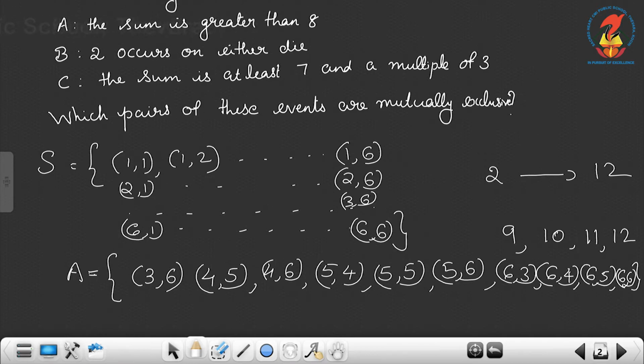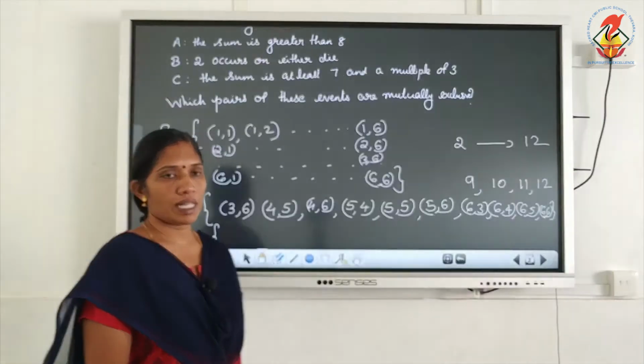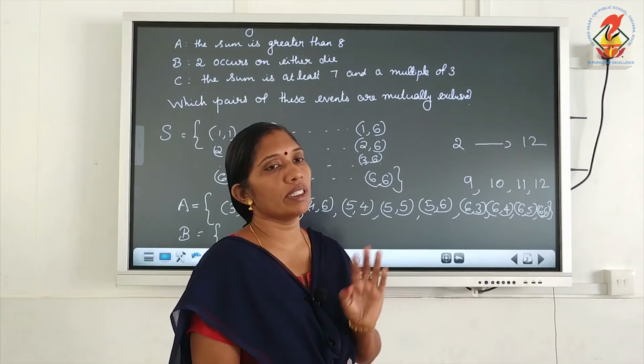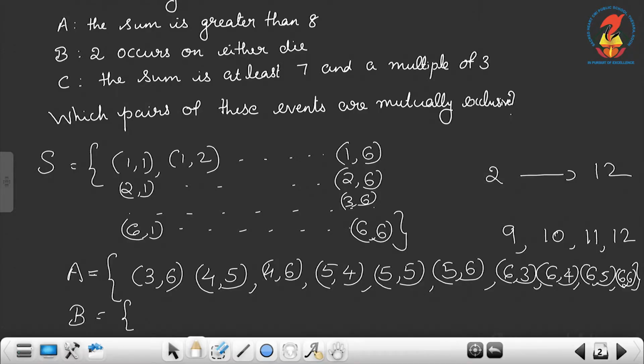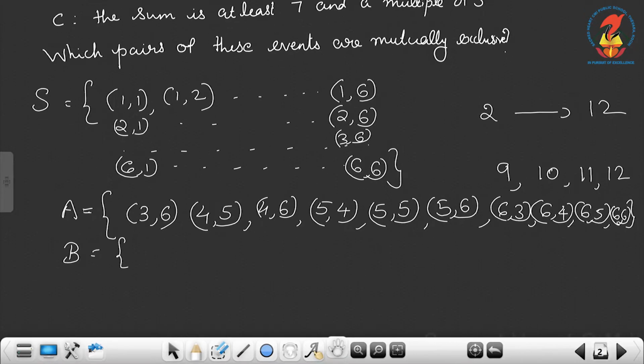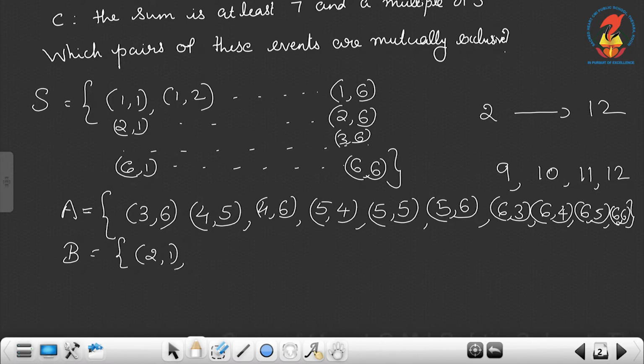Now B. What is B? 2 occurs on either die. That is either 2 is in the first place or in the second place or both. So that all pairs we have to write. So we can write 2, 1, 2, 2, 2, 3, 2, 4, 2, 5, 2, 6.